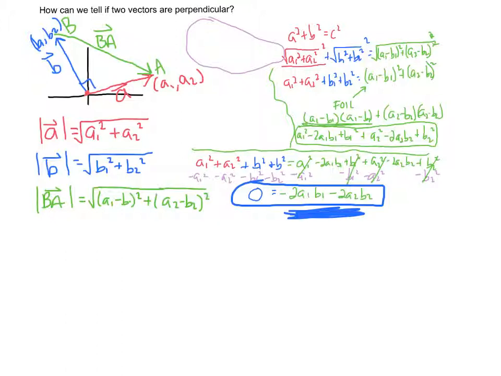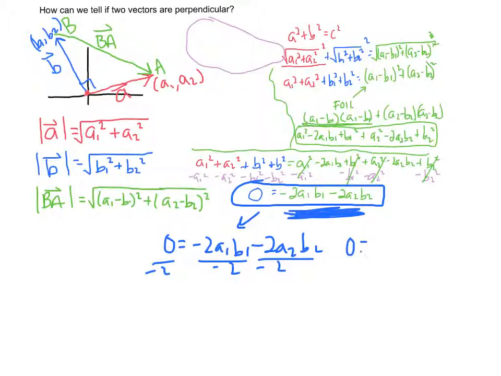So this stuff is called the dot product, kind of. I'm going to rewrite this down here. We get 0 equals negative 2a1 b1 minus 2a2 b2. Before I do that, I'm just going to divide everything by -2. And so I end up with 0 equals a1 b1 plus a2 b2.